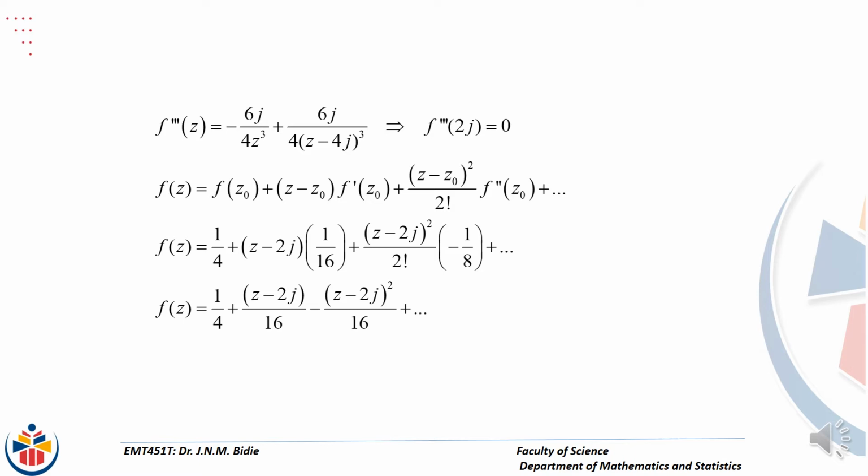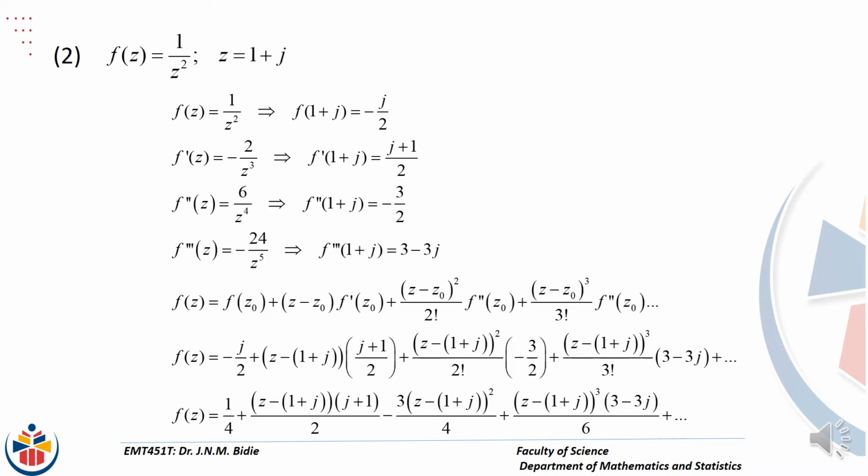Note that z naught has been given to be 2j, and then f prime of z naught, we calculated it, and then again for the term z minus z naught all squared, you substitute z naught for 2j, and then the second derivative of f substituted by z naught, you substitute it in, and then we simplify. Note that those terms z minus 2j, z minus 2j all squared must remain in your expansion.